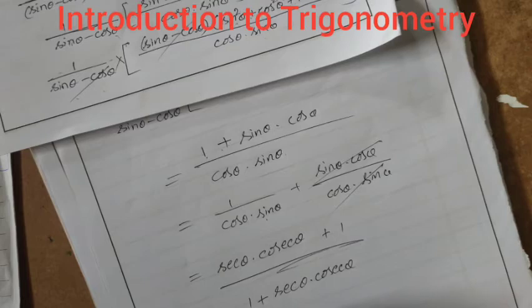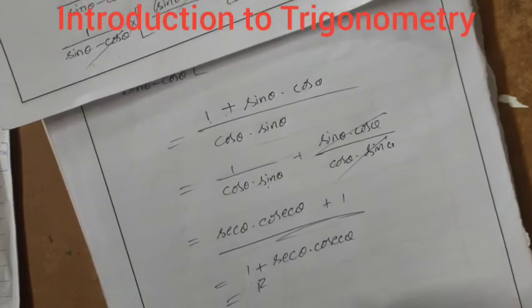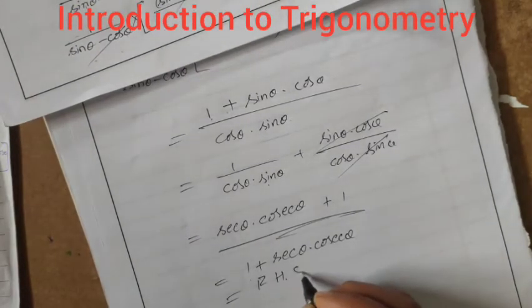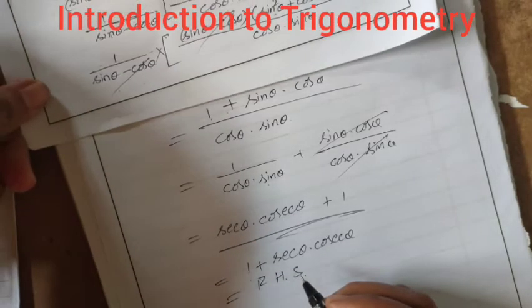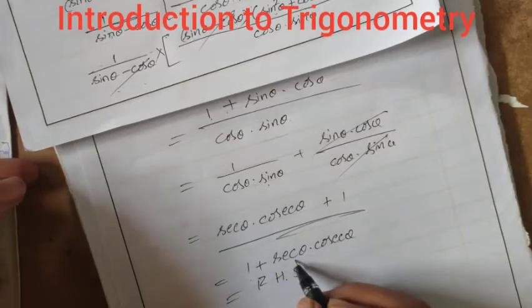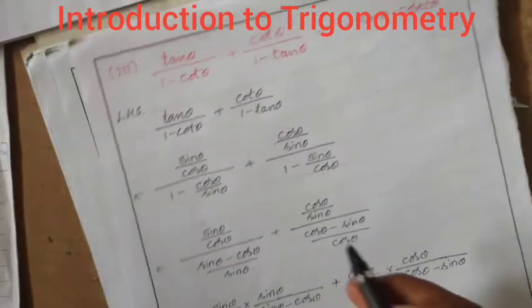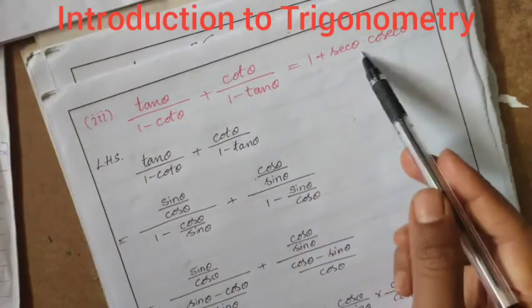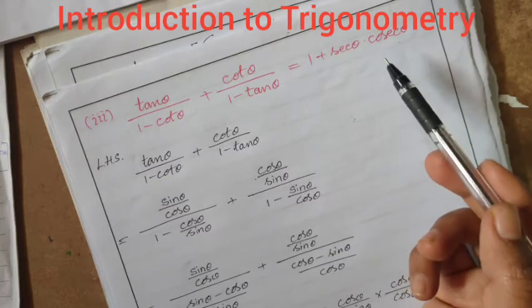This is our RHS. Students, this is our answer: RHS is 1 plus sec theta into cosec theta. Now observe this one. What is the question? 1 plus sec theta into cosec theta.